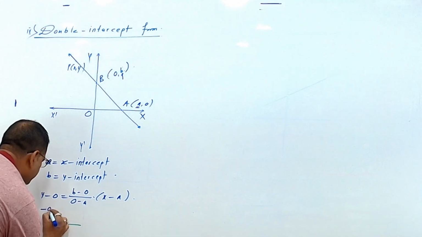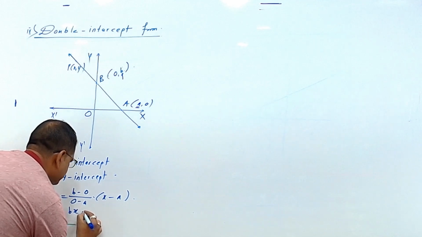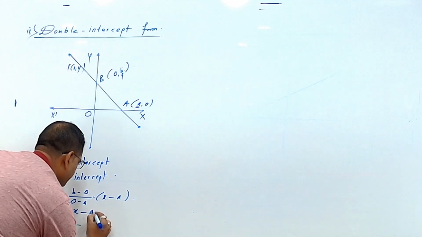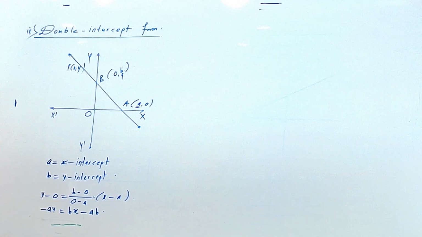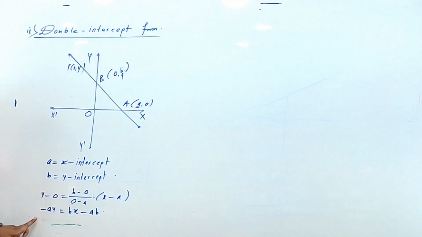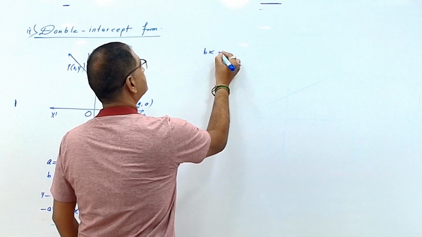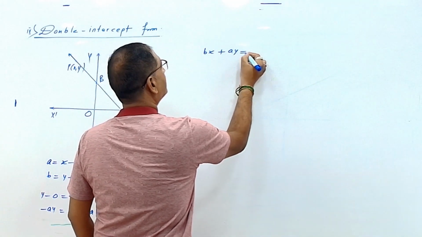So is it minus ay is equal to bx minus ab? Let bx be as it is. Minus ay will become plus ay. This minus ab on this side will become plus ab, and I will rotate the equation in this manner. So this will become bx plus ay equal to ab.